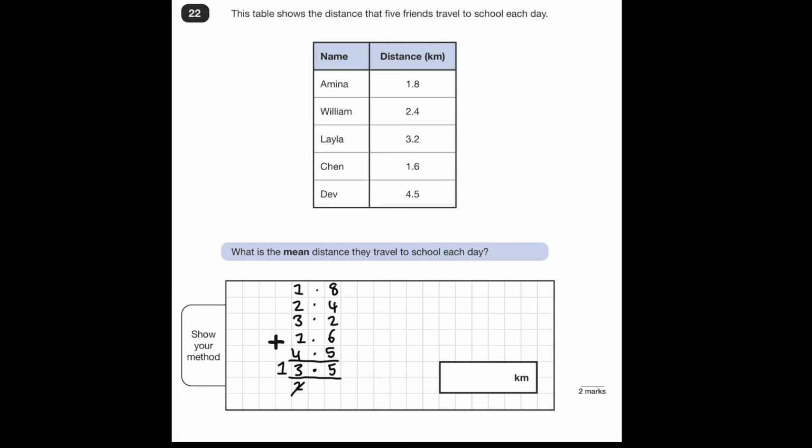And now to find the mean distance, mean is when you add all of the distances together and then you divide it by how many people there are. We know that there are 5 people, and therefore we need to do 13.5 divided by 5.